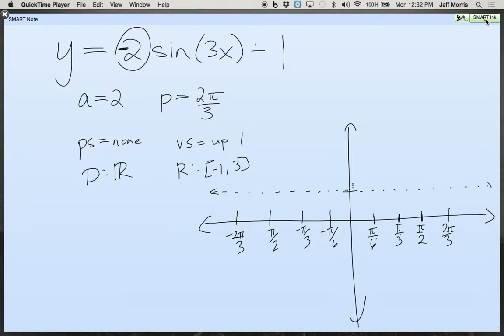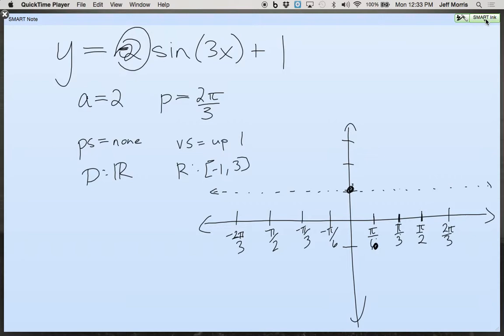What do we do now? Where did sine start? Usually it starts in the middle. Now it flipped. So does it go up or down first? This negative makes it go down first. Here's my starting point. How far down does it go? It goes down 2. So go 1, 2. Then it's going to go up 2. Middle, bottom.